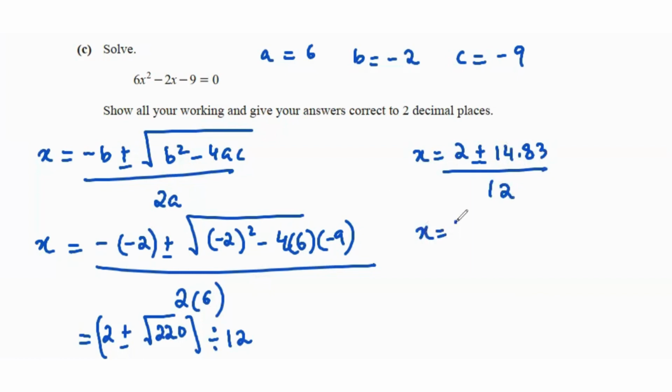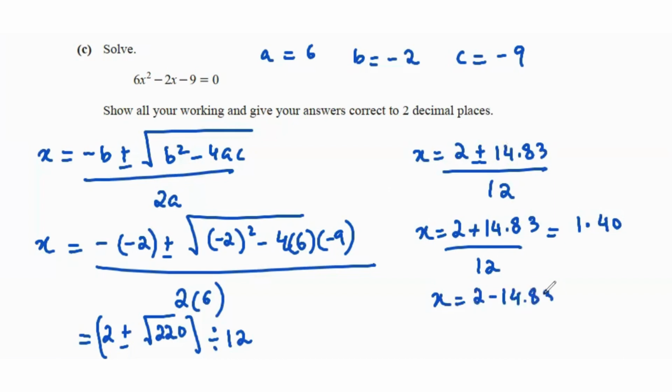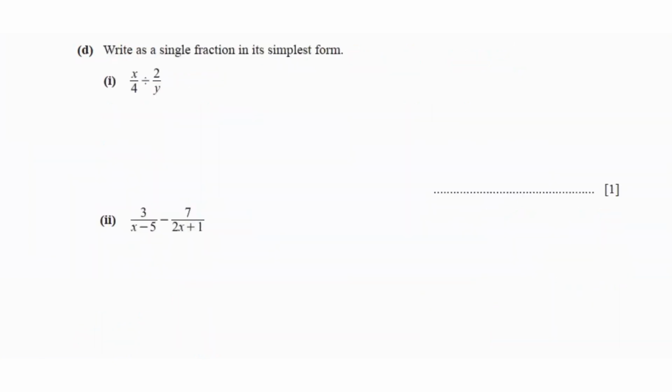So one value would be 2 plus 14.83 over 12, which equals 1.40. And the other would be 2 minus 14.83 over 12, which is going to be negative 1.07. That's your answer.